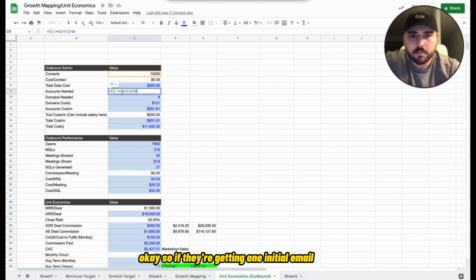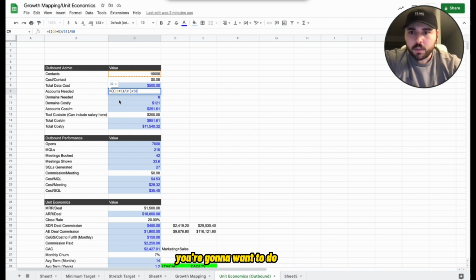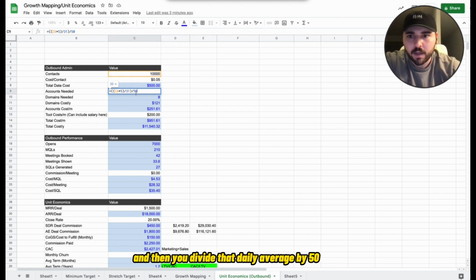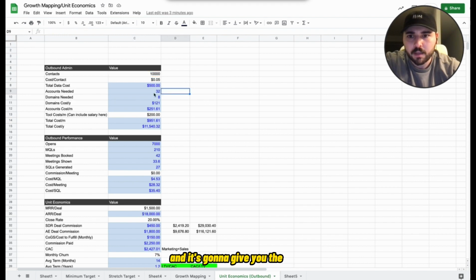So if they're getting 1 initial email and then 4 follow-ups within that 1 month time period, you're going to want to do in this case, C6 times 5. So 10,000 times 5, divide that by 31, because that's going to give you the daily average, and then you divide that daily average by 50, and that's going to give you the amount of accounts that you need.